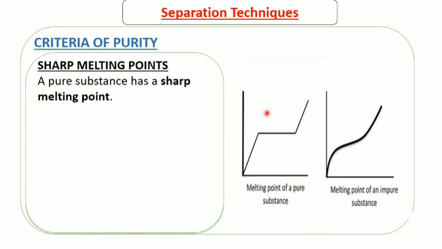So let's concentrate on the first graph, which is the graph that shows the melting point of a pure substance. The x-axis is for time, and the y-axis is for temperature, meaning that as you go right, time increases, and as you go up, temperature increases.